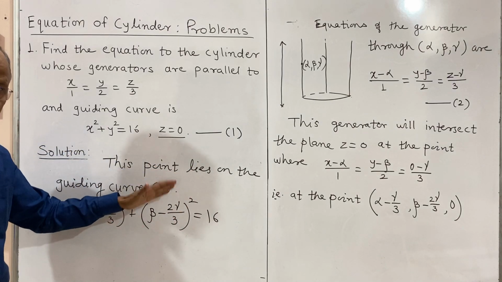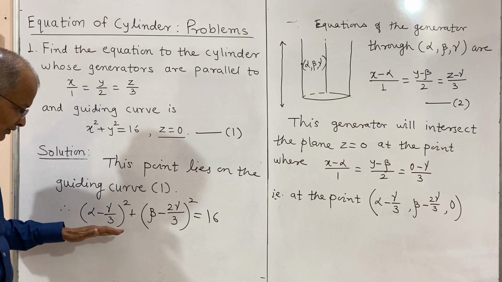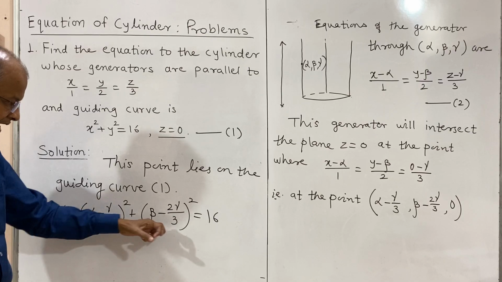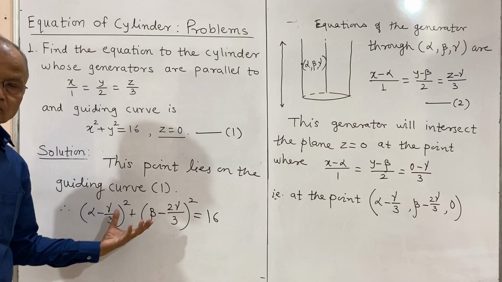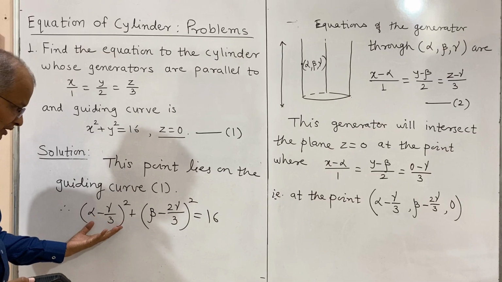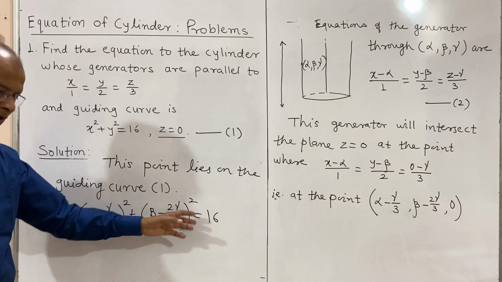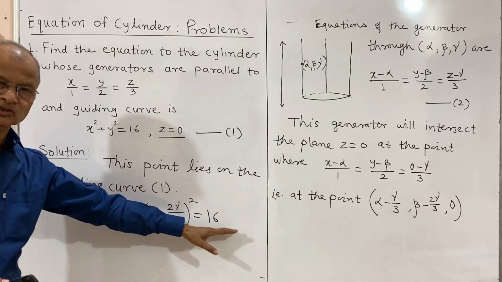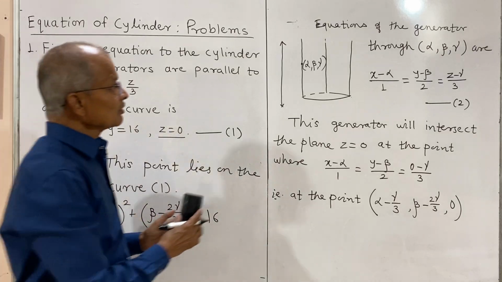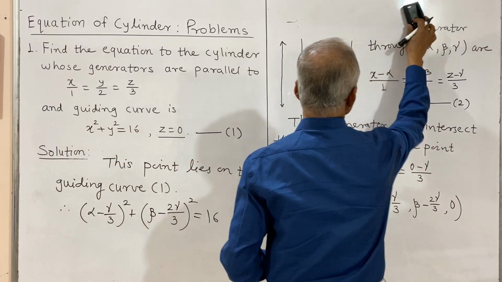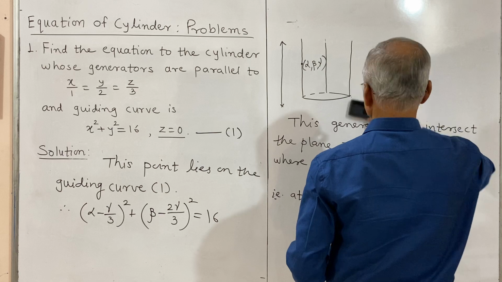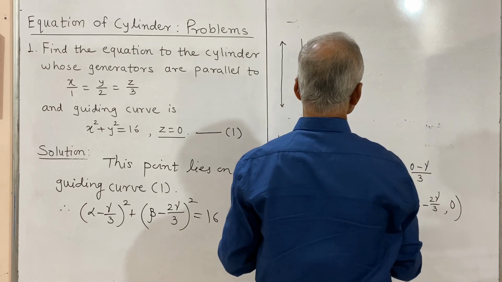We can separate the square at numerator and denominator, and we shall get the denominator as 9, since 3 square is 9, and to avoid this fraction we multiply both sides of this equation by 9.